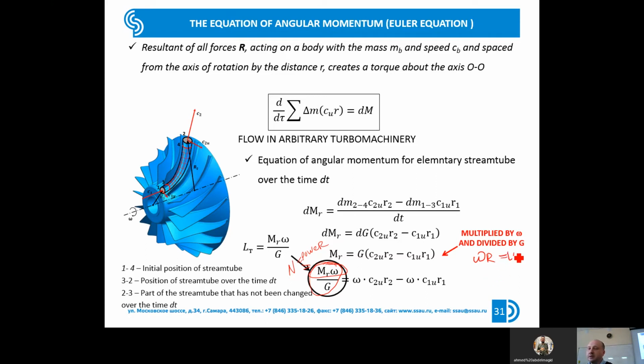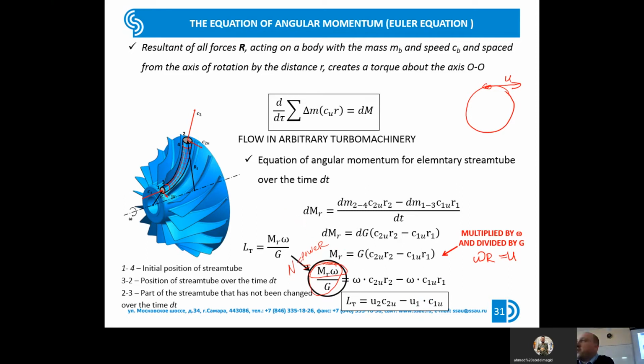It's equal to the circumferential velocity. So if you remember the rotational velocity, it's the velocity here. It's used in the school course of physics, for example. So that's why we can simplify this equation: specific work is equal to such a formula.